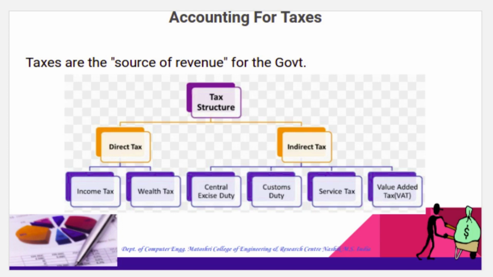This VAT is also collected on the value of goods or services that were added at each stage of their manufacturing or distribution and then finally passed on to the customer. Value added tax is a multi-point sales tax, a set of tax paid on the purchase. It is basically a tax on the value addition on the product.